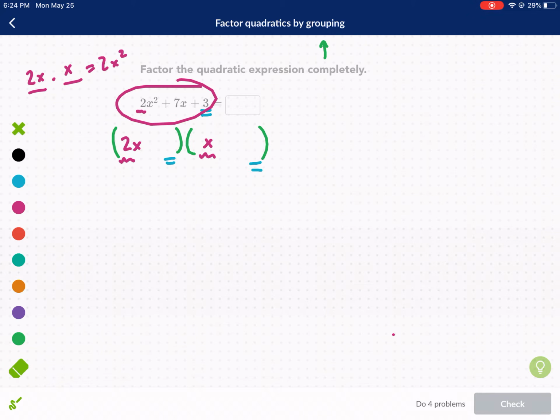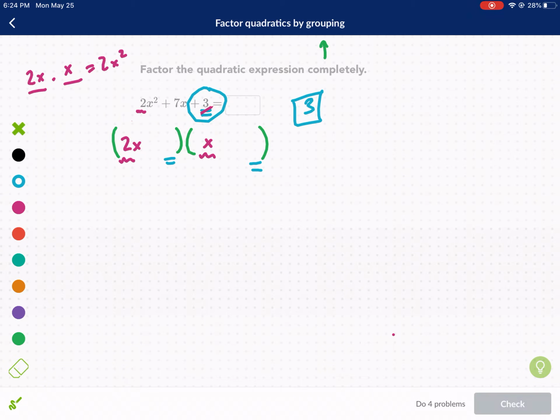Now, since I chose to put the 2x in the first parenthesis, that will affect where we put the factors of the last term. Normally it doesn't matter with x and x when it's just x squared, but when there's a 2x, it does matter where you put these. So let me explain. Now we need to think of factors of 3.